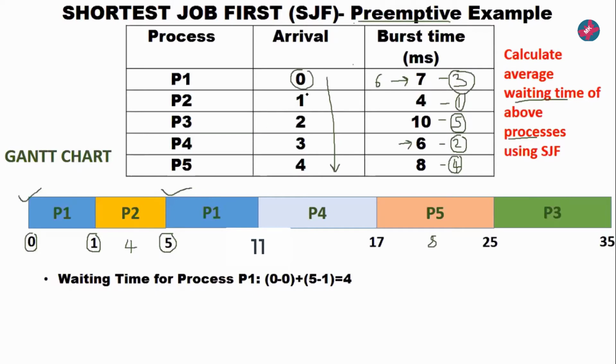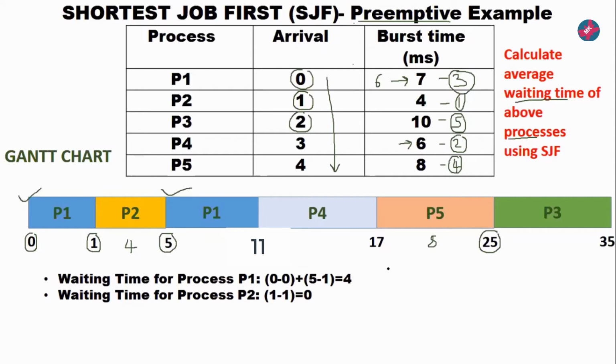Now next observe the second one, P2. It entered the system at 1 millisecond. It got the CPU at 1 millisecond. So here it will be 1 minus 1, 0. Okay. Now observe the third process P3. It entered the system at 2 milliseconds and it was given the CPU at 25 milliseconds, isn't it?